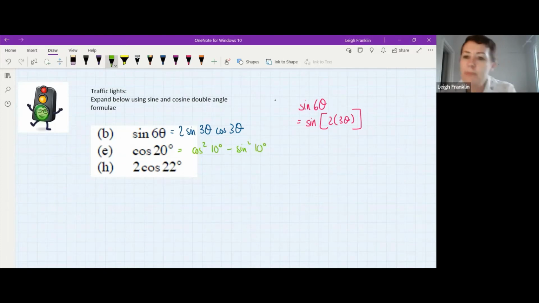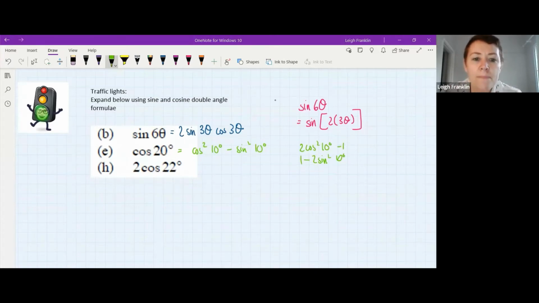Excellent. Absolutely. And there's 3 different ways that you could have written that. Cos squared 10 minus sine squared 10. Maybe somebody else got 2 cos squared 10 minus 1. And then the last option was 1 minus 2 sine squared 10. Awesome. Well done, Natasha. Thank you so much.